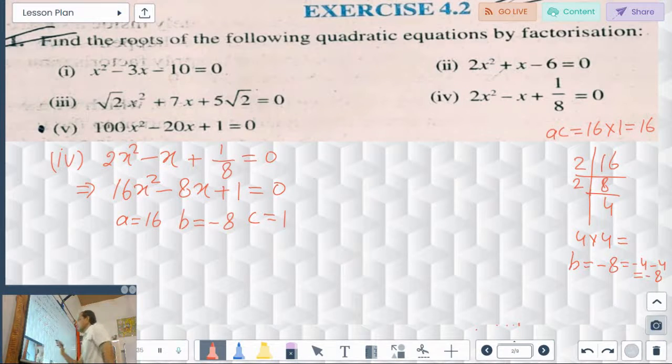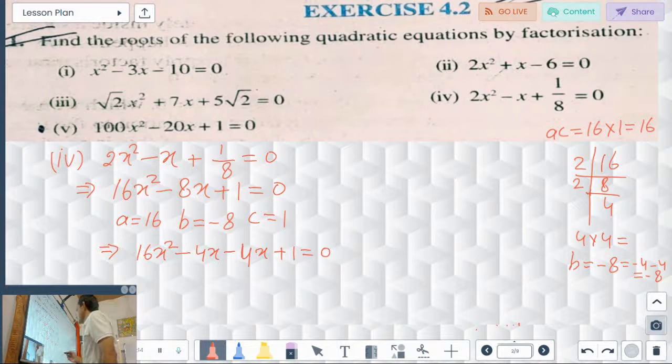Now we can write the above equation as 16x square minus 4x minus 4x plus 1 equal to 0.